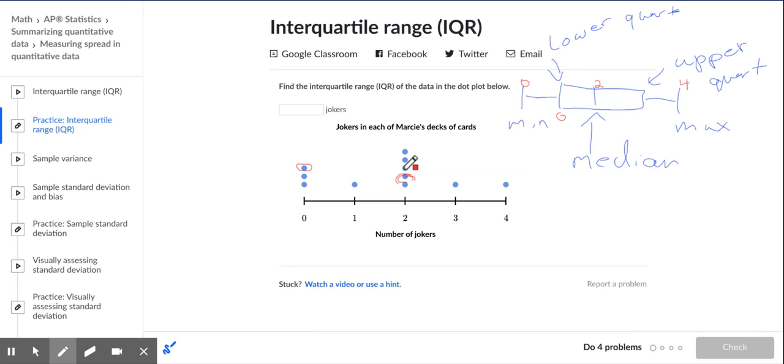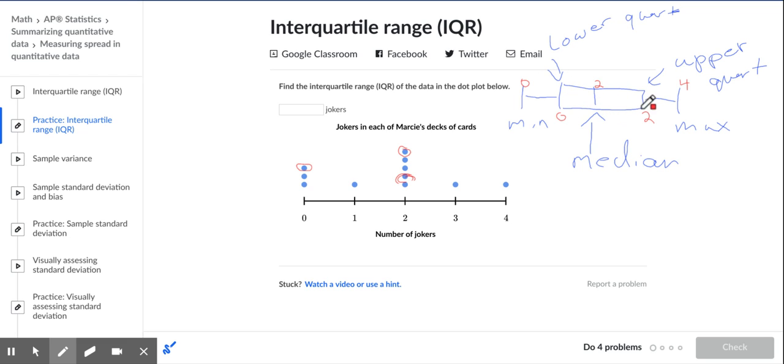So I'm going to just count 1, 2, 3. So that is my upper quartile, which is also 2. It's unusual for the median and the upper quartile to be the same, but it's fine. It's not that big a deal.